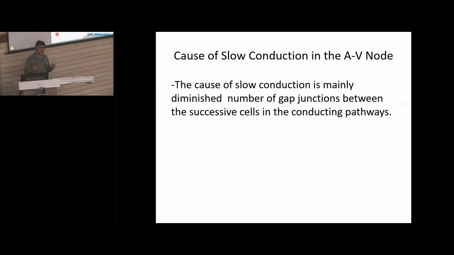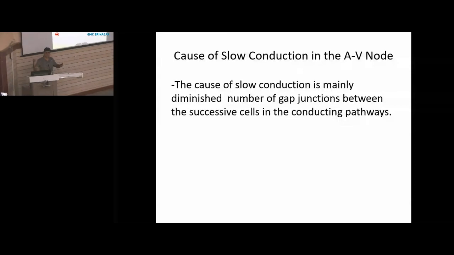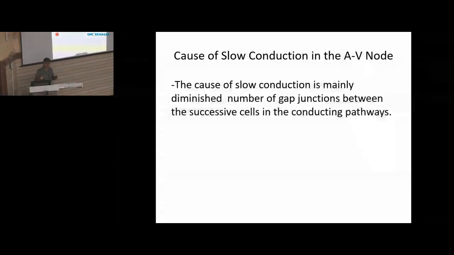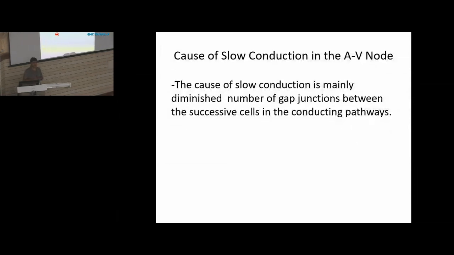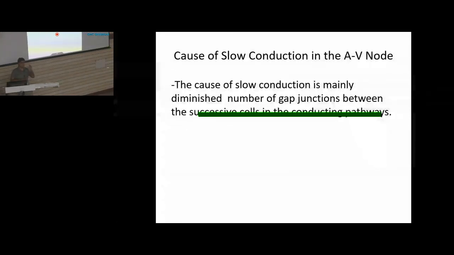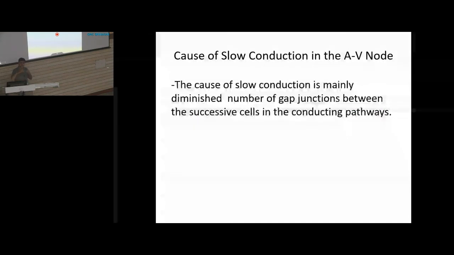As you all know, gap junctions result in quick depolarization. Because of the gap junctions only, the cardiac muscle has the property of syncytium. So they say that in the AV node, the number of gap junctions between the successive cells is very less as compared to the other parts of the conduction system. So that may be one of the important causes of a delay in the conduction from one cell to another.